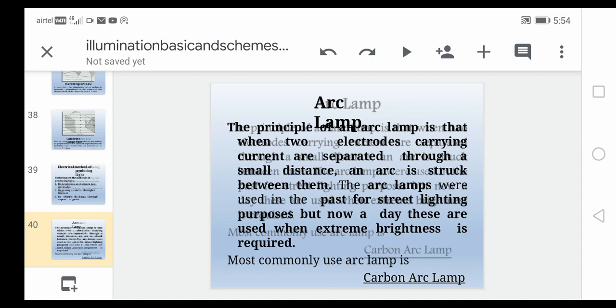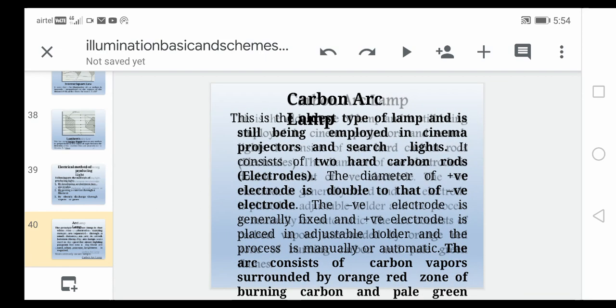Arc lamps were used in the past for street lighting, but nowadays they are used when extreme brightness is required. The most commonly used arc lamp is the carbon arc lamp.